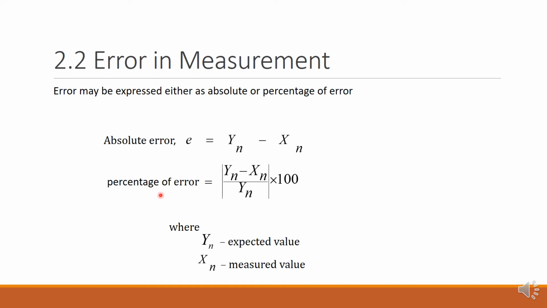So the percentage error should be equal to 0.5 over 5 times 100. It's equivalent to 10%. So that means your error is about 10%. And the absolute error gives you 0.5 millimeter.